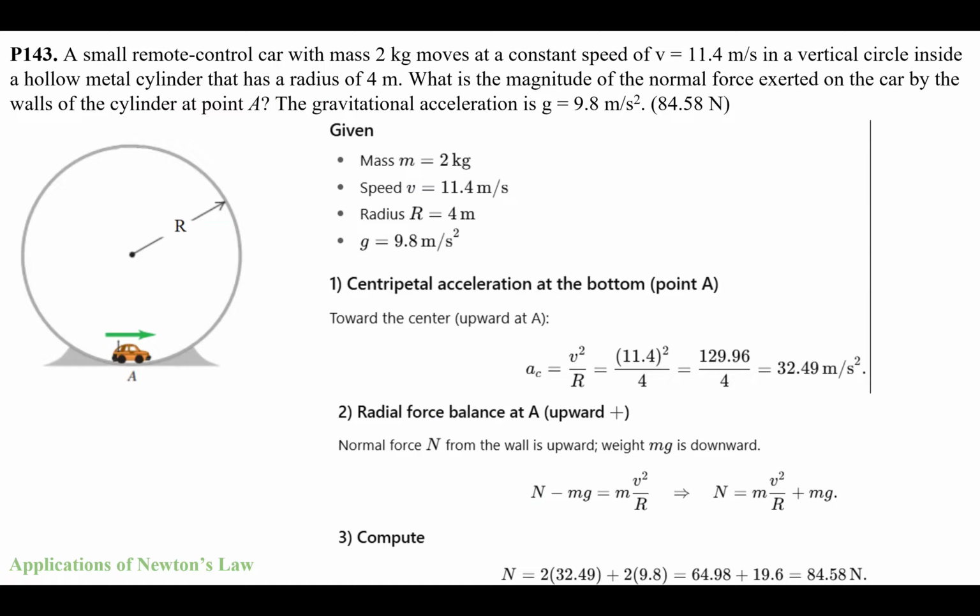A small remote control car, an RC car with a mass of 2 kilograms, moves at a constant speed in a vertical circle inside a hollow metal cylinder that has a radius of 4 meters. What is the magnitude of the normal force exerted on the car by the walls of the cylinder at point A, the bottom?